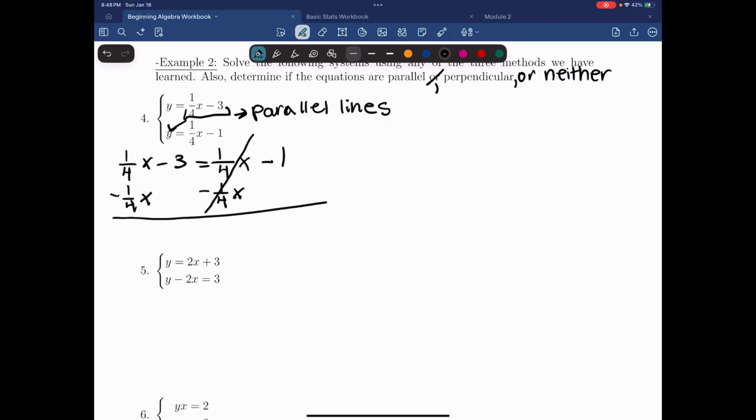These x terms cancel, so we get -3 equals -1. Well, this makes sense. We have no solution here because -3 does not equal -1. So that's your answer. There's no solution to this system of equations.